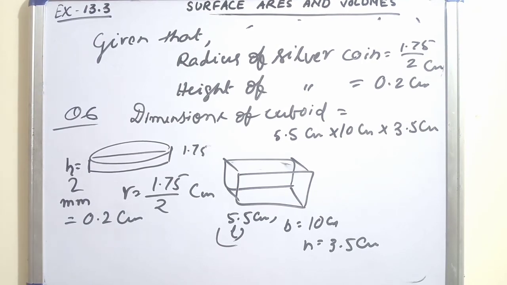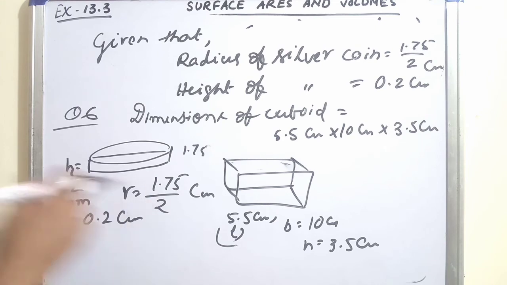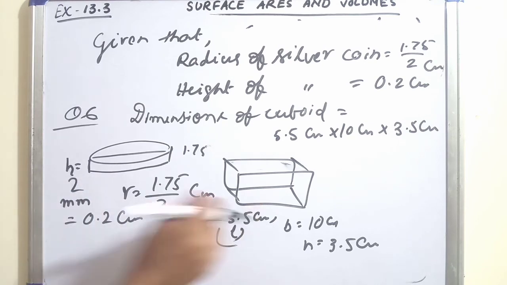Suppose n silver coins are required. So that means the volume of these n coins is equal to the volume of this cuboid.